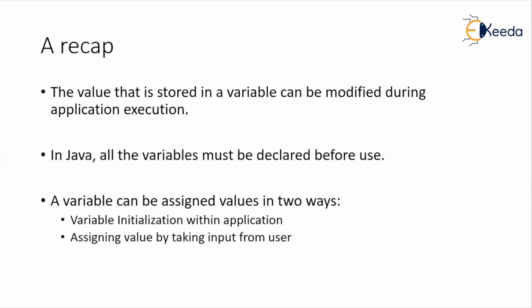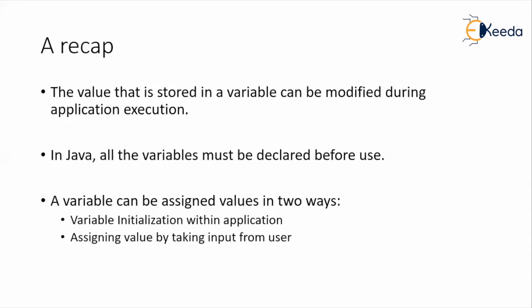In the first way, variable initialization, as I have already told you, is data type, variable name equal to value. This is the variable initialization within the application. The other is assigning a value by taking input from the user, which happens whenever you are executing that application.